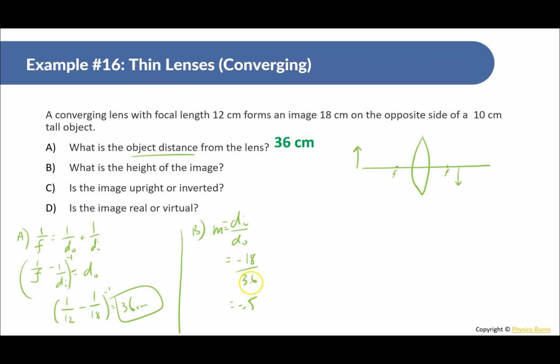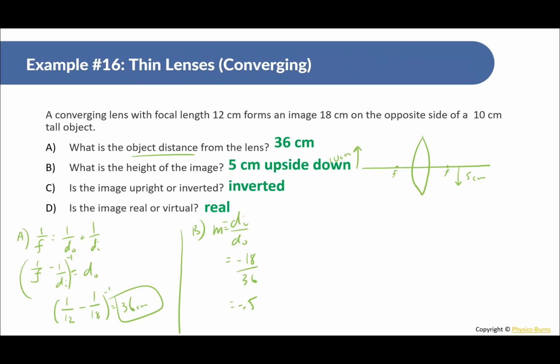What is the height of the image? If this is 10 centimeters, this one's going to be half of that, so 5 centimeters. Is the image upright or inverted? Well, it's negative, so it's inverted. Is the image real or virtual? Since it's on the opposite side, it is real.